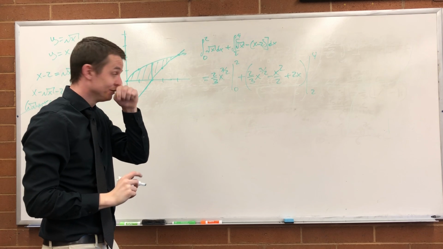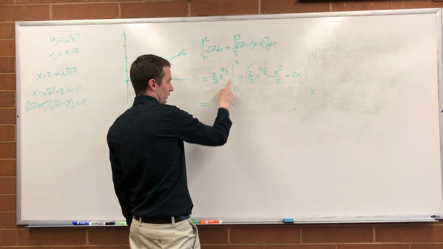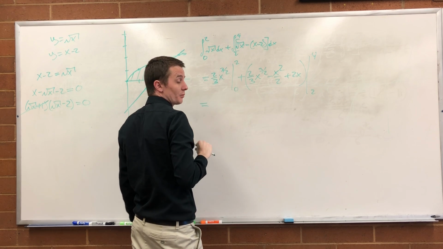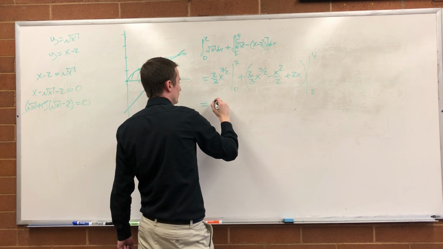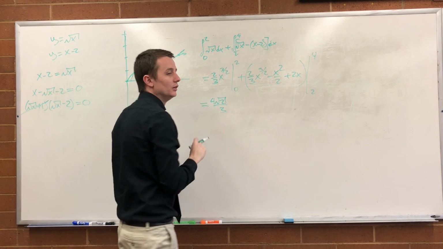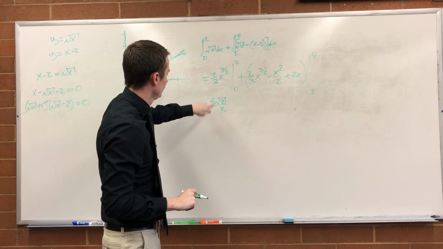Okay, so now let's just evaluate it. Obviously when we plug in 0 we get nothing, but when we plug in 2, what do we get? 4 root 2 over 3, because this by itself, when we plug in 2, is 2 root 2, and then times 2 gives us 4.